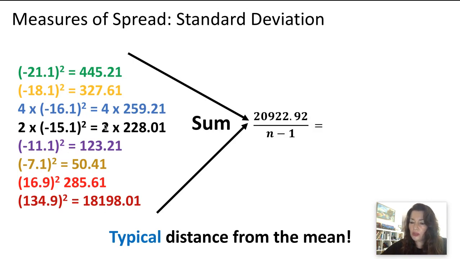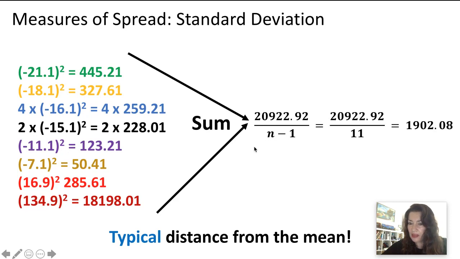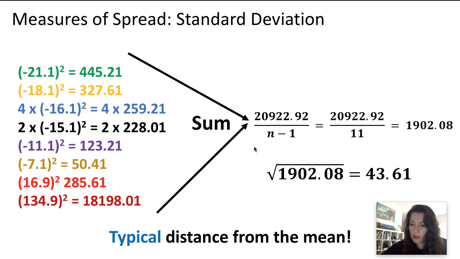And then you're going to divide by your sample size n, which was 12, minus 1, so 11. You're going to take this whole sum and divide by 11 to get 1902.08. And then you're going to take the square root of that, which is 43.61. So your standard deviation is 43.61.